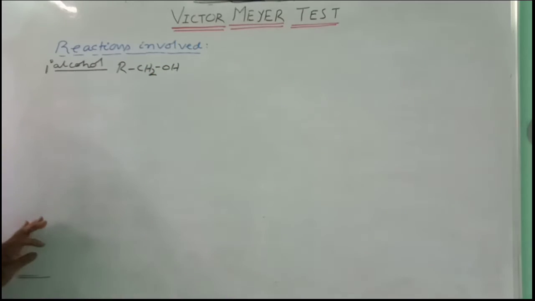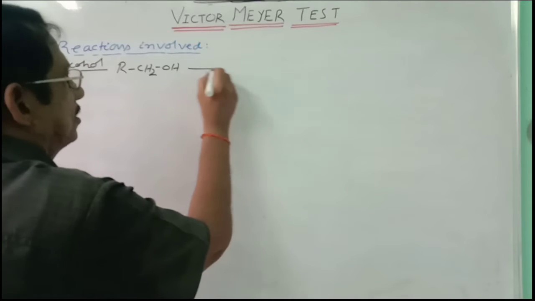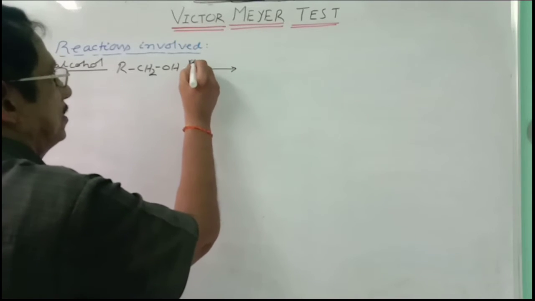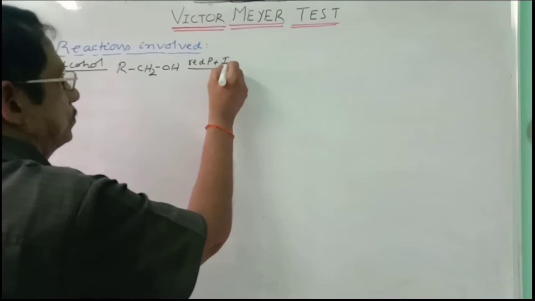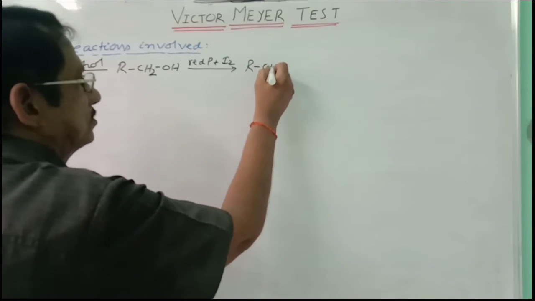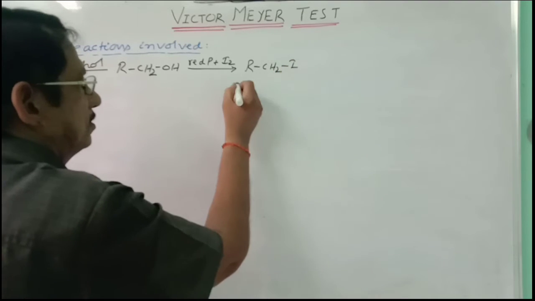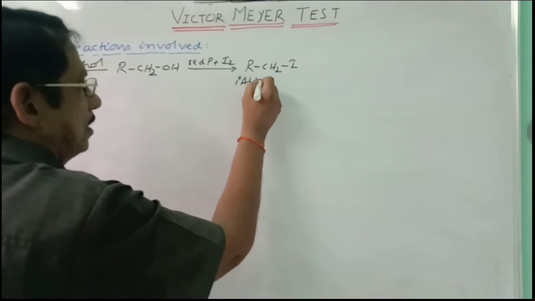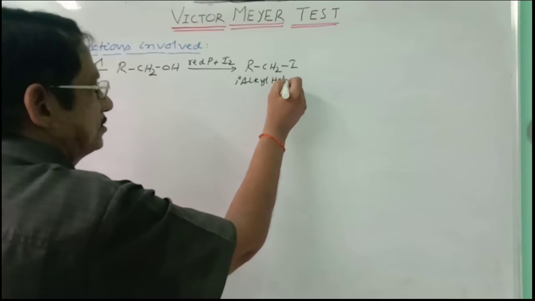This is primary alcohol. Primary alcohol is converted into primary alkyl halides. In what way? Treating this with red phosphorus plus I2. OH will be replaced by I and you will get here RCH2I. This is primary alkyl halide, right?